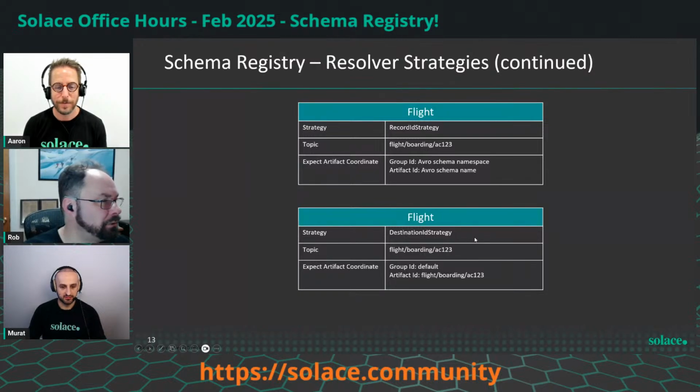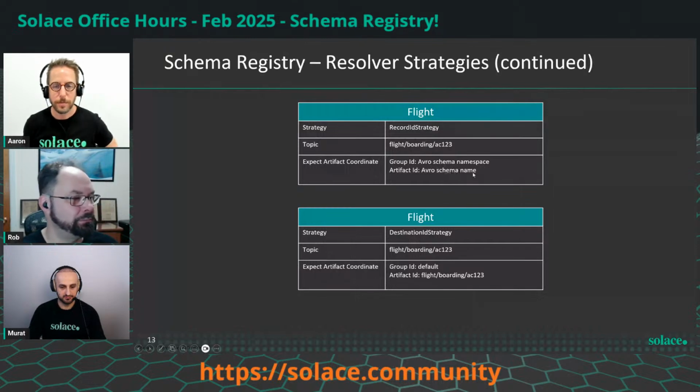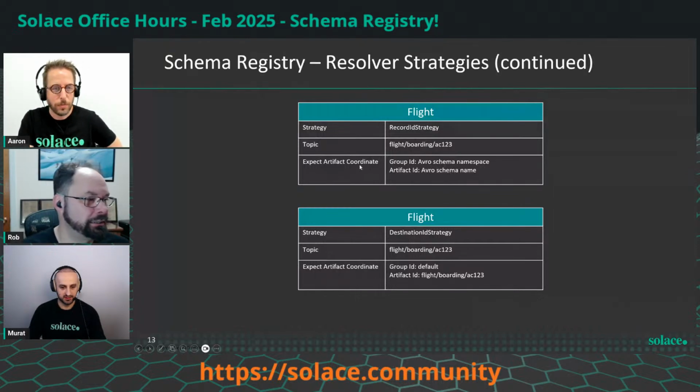For the resolver strategies, here are just a couple of examples. With record ID, it's really all about the Avro schema namespace and schema name that maps to the artifact coordinate, and topic doesn't matter.